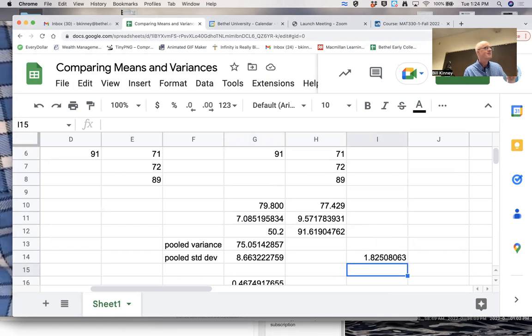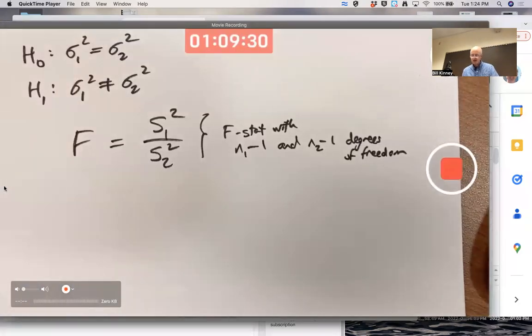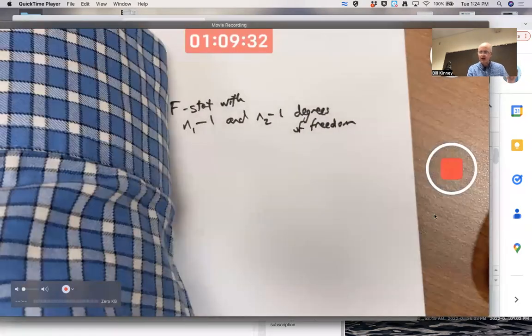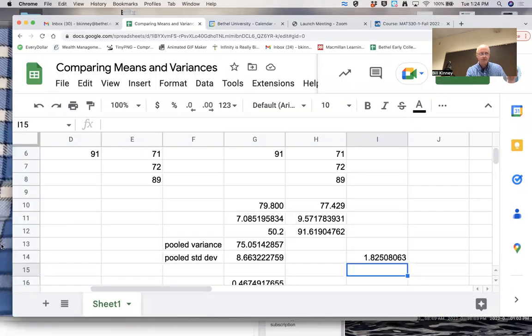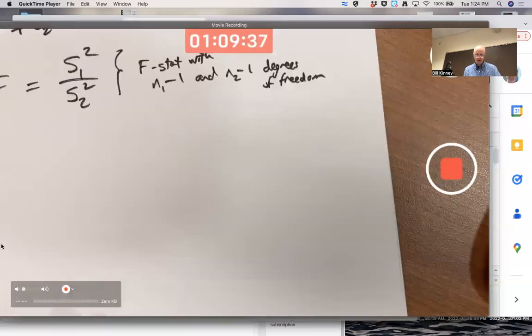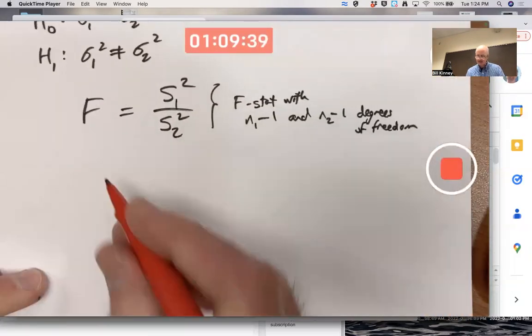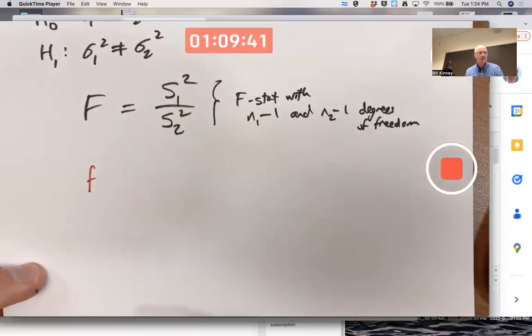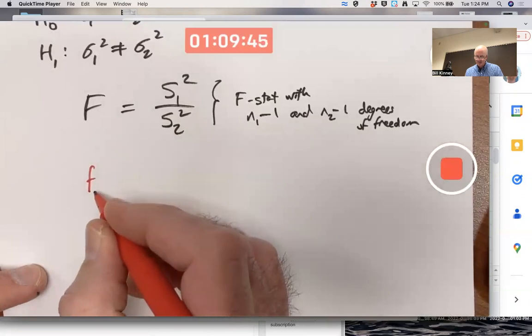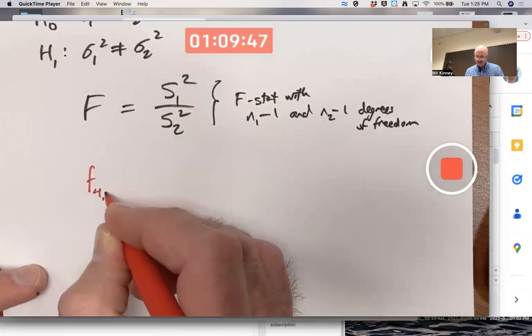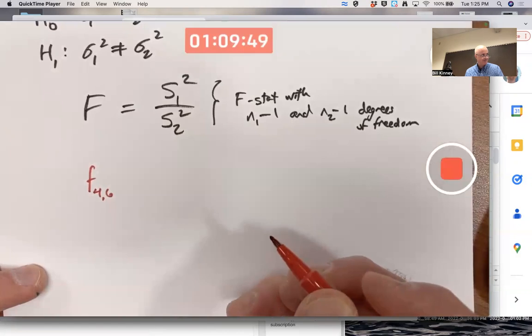What do you do with it? Same thing you do with Z and T. Use it to find the p-value. The one-tailed p-value: we got 1.825 here, our observed value of the F statistic, based on 4 and 6 degrees of freedom.